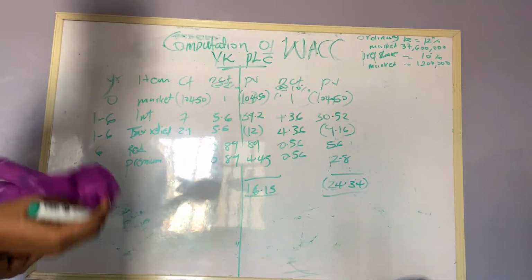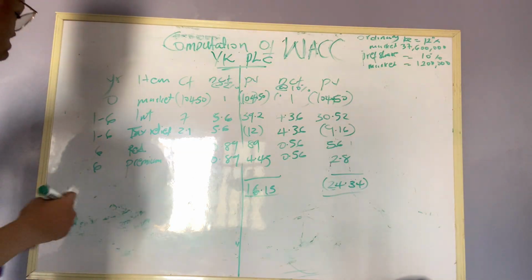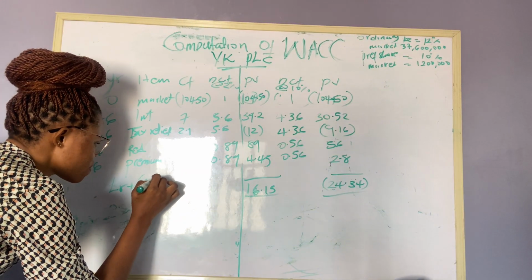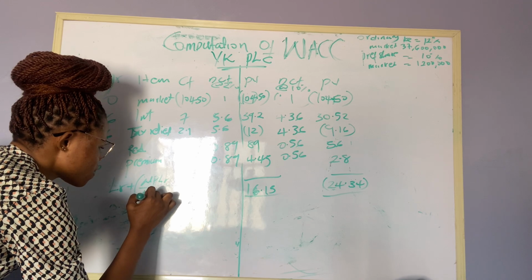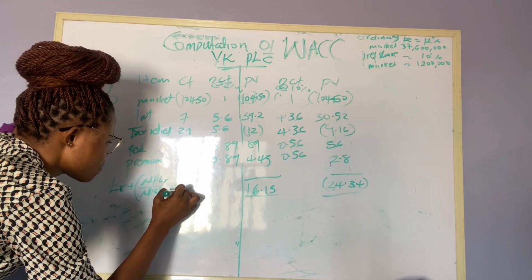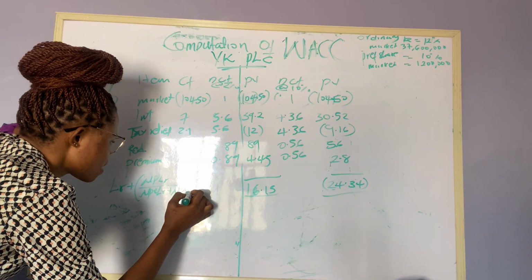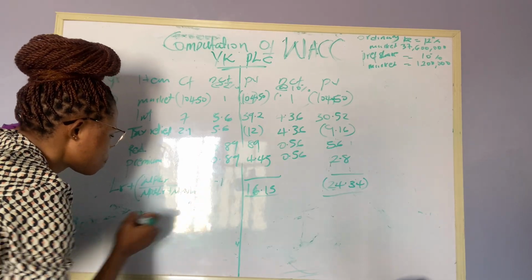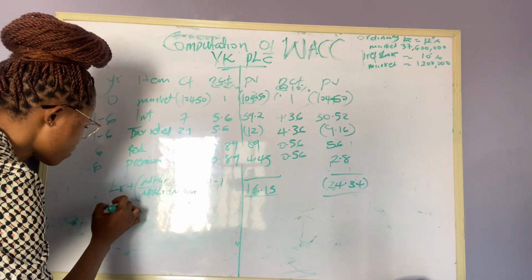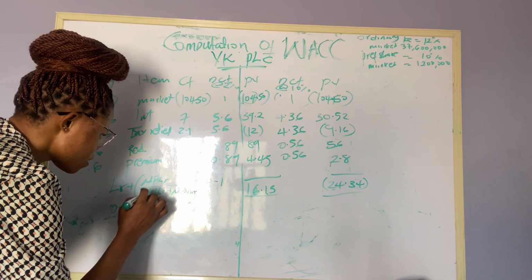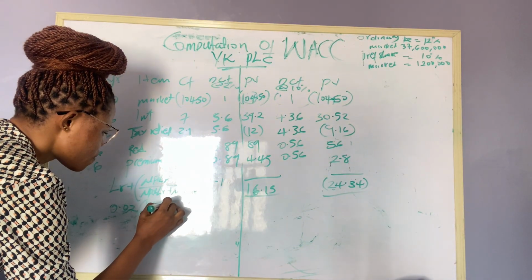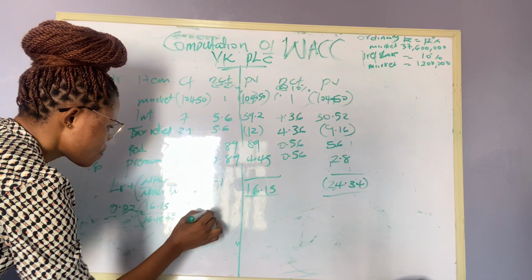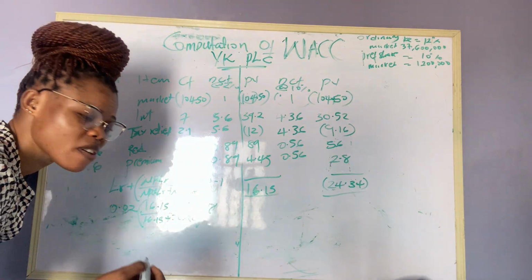Now we want to use our internal rate of return formula, which is LR plus NPV at the lower rate, all over NPV at the lower rate plus NPV at the higher rate, bracket H minus L. So we just compute it straight: 0.02 times bracket 16.15 over 16.15 plus 24.34, and let's just compute it.